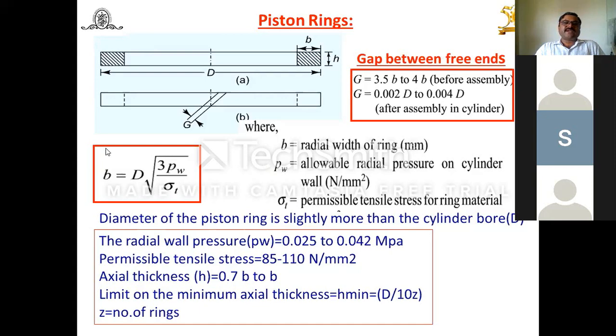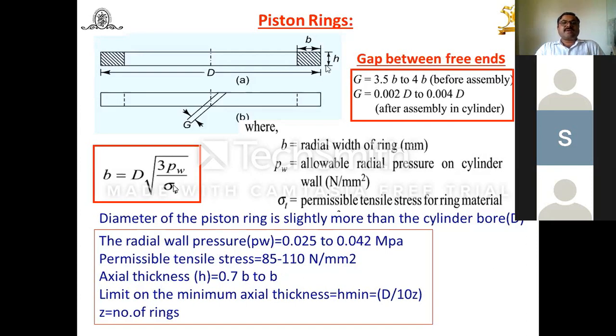By using this expression, we get the radial width B equal to capital D under root 3 PW by sigma T. Here PW is the allowable radial pressure on the cylinder wall in Newton per mm square, and sigma T is the permissible tensile stress. If you don't know the radial wall pressure, it should be assumed in the range of 0.025 to 0.042 megapascal. The permissible stress sigma T is in the range of 85 to 110 Newton per mm square.